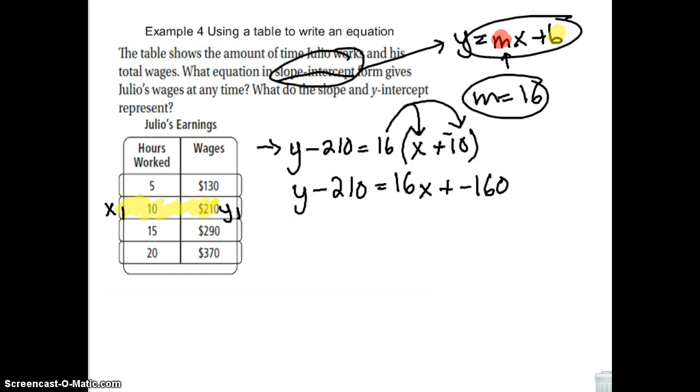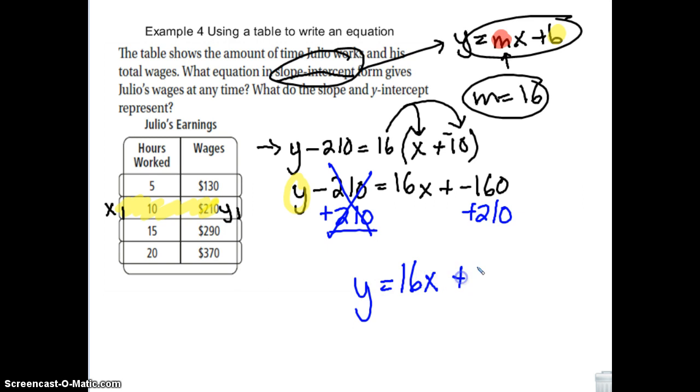My last thing is I have to get y by itself, so I'm going to add 210 over. Those cross out, and I'm left with y equals 16x plus 50, and that is my answer.